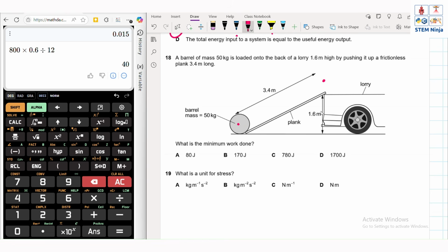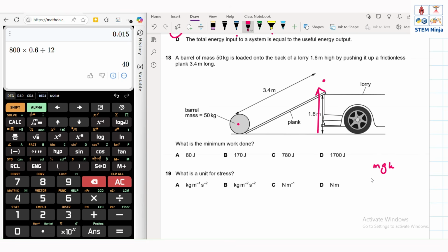So we have to work against the gravitational field, the gravitational force, or the weight. So mgh, basically, is the minimum work done.